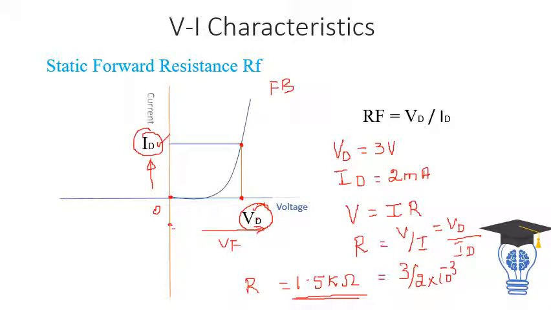Similarly, I can find this resistance at any instant on the graph: find VD, find the respective ID, and VD by ID will give you the resistance at this point, the resistance of the diode.